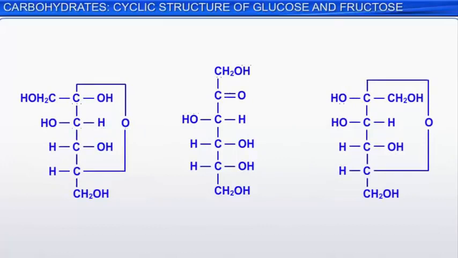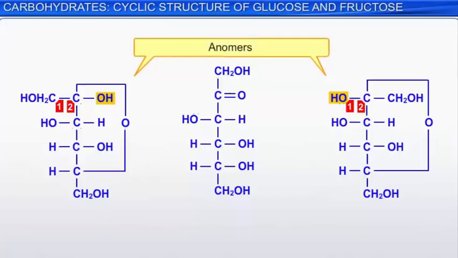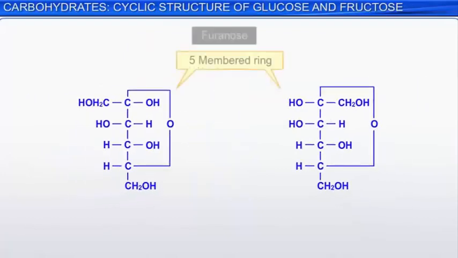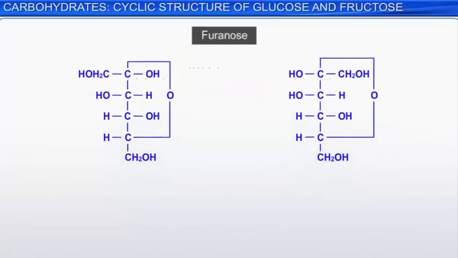The 2 cyclic forms differ in the configuration of the hydroxyl group at C2. These isomers are called anomers. The 5-membered ring structure of fructose is called furanose, in analogy with furan.